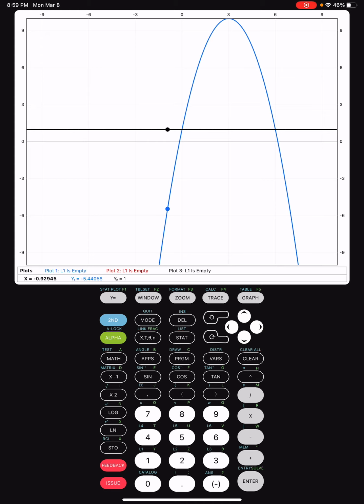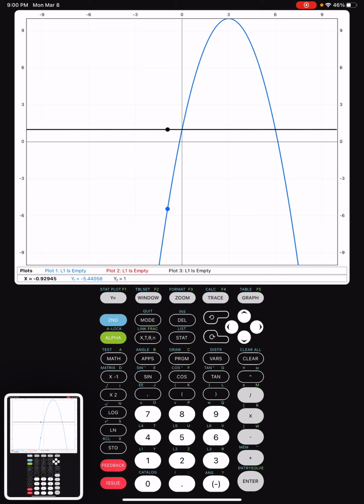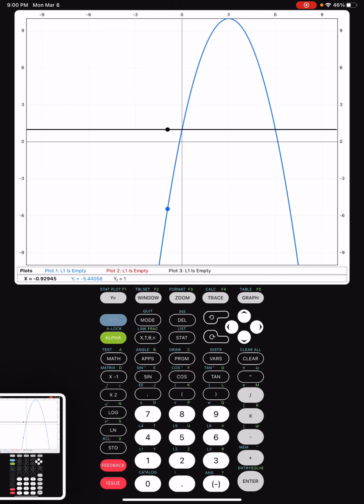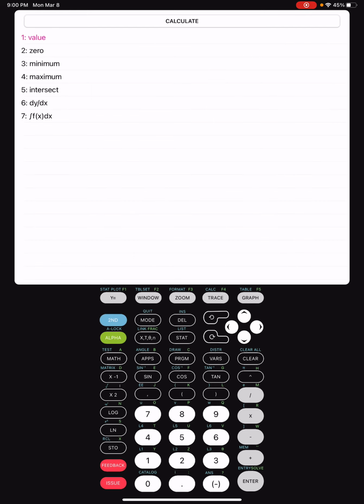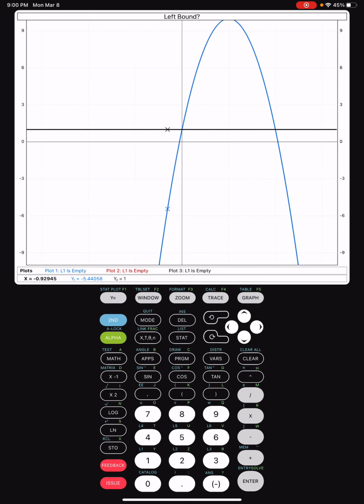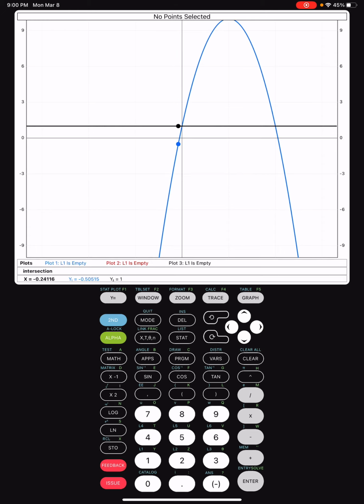Let's find the intersection points to get the accurate answer. I'm going to screenshot this one. To find the intersection point, you press second, trace, number 5, intersect. Then you trace, hit enter, right bound, and enter twice. It's going to ask you to guess, enter 3 times. Let's try one more time.